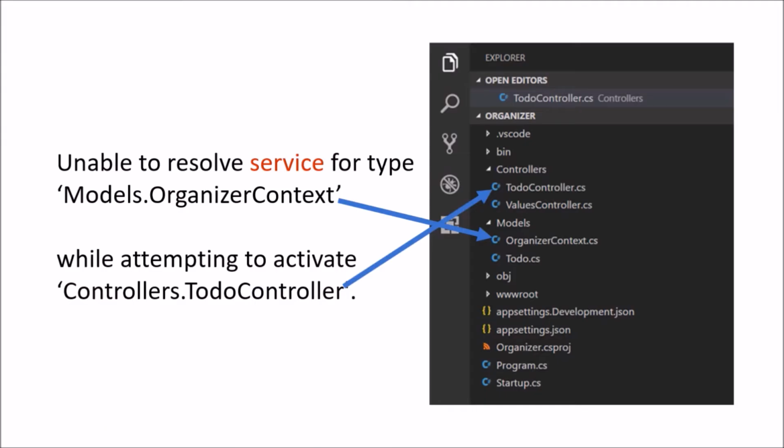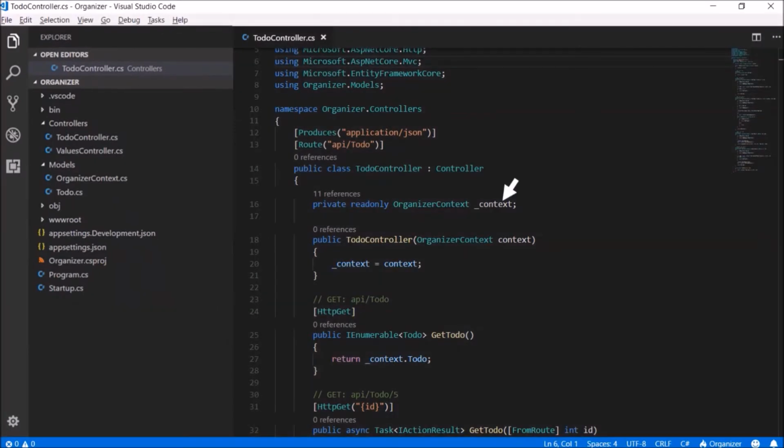Okay, so the key word here is service. When the controller is called, it's trying to get to the context as a service. So let's look at the controller, and I'll show you what I mean by that. There's a context property here that's set by the constructor, and the constructor has a context parameter, but we're not passing that parameter.